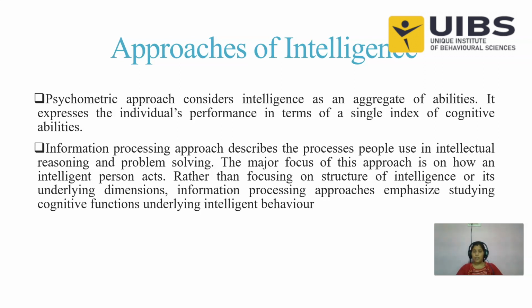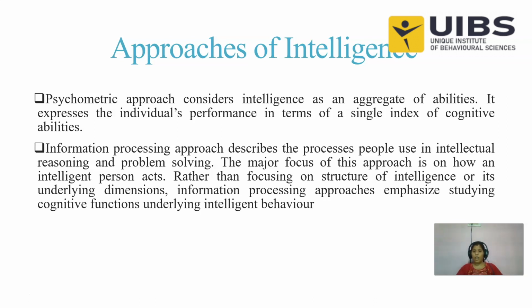They perceive intelligence as a single index of cognitive abilities, and there are many underlying dimensions under this single index. On the other hand, information processing approach does not focus on the structure of intelligence or its underlying dimension.